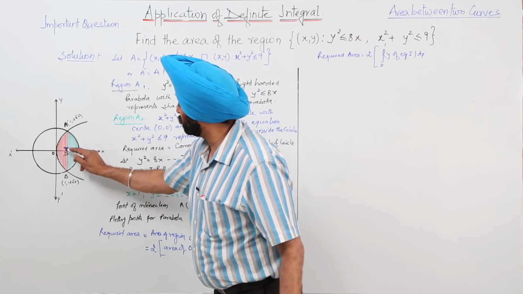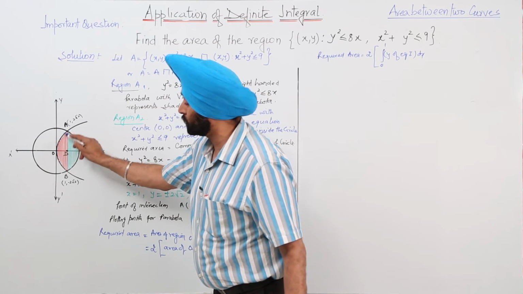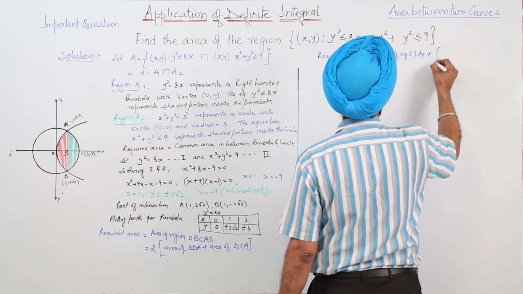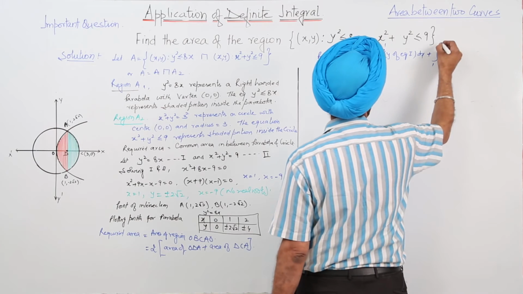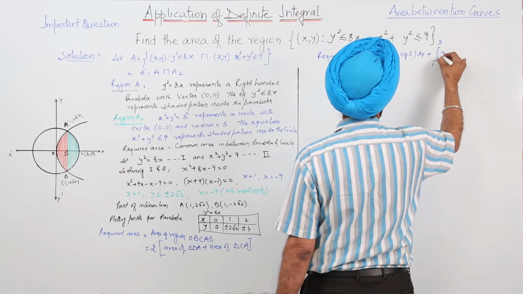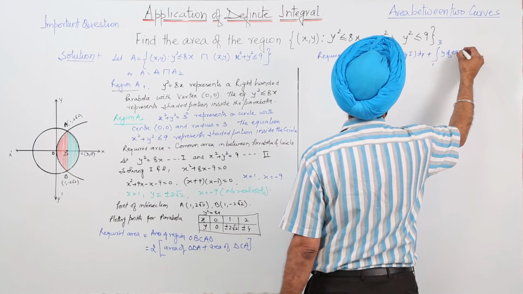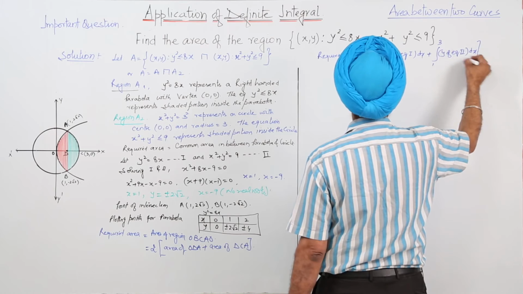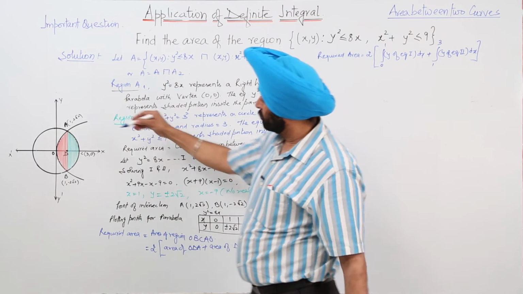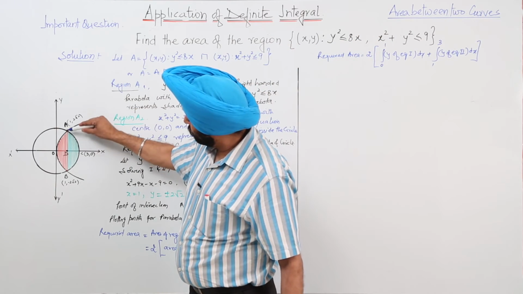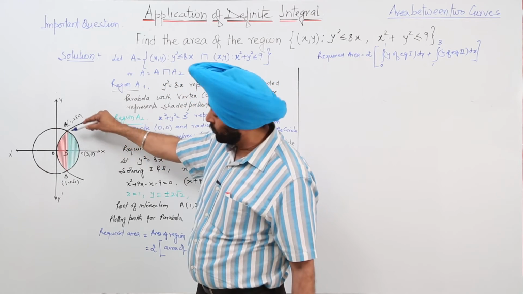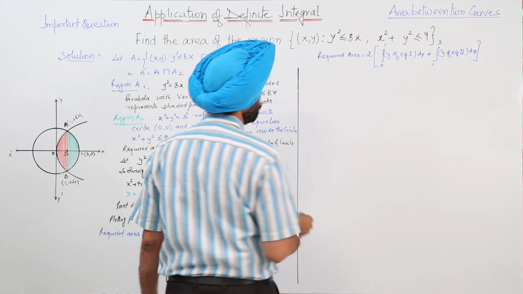So from 0 to 1, up to here, this is the equation for the parabola, plus the integration from 1 to 3 of y of equation 2 dx, that is the equation of a circle. From here to here, this part from 1 to 3 is the equation of a circle.